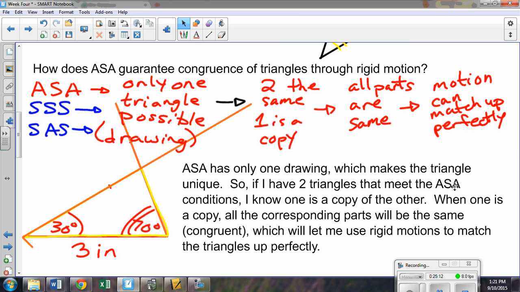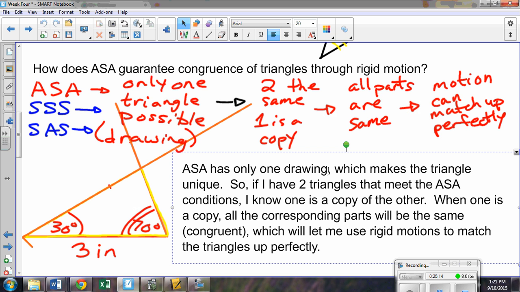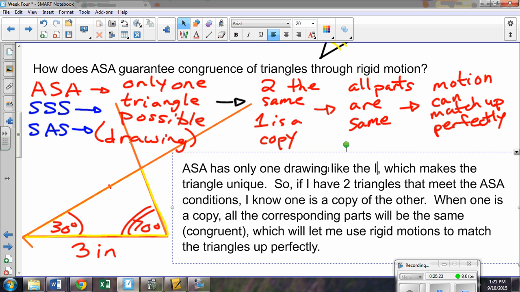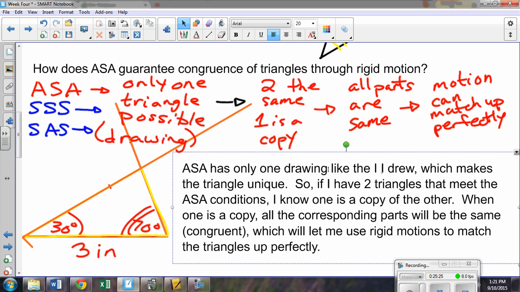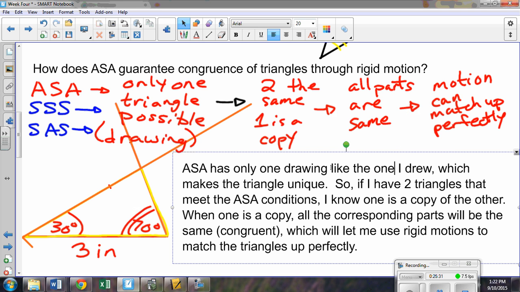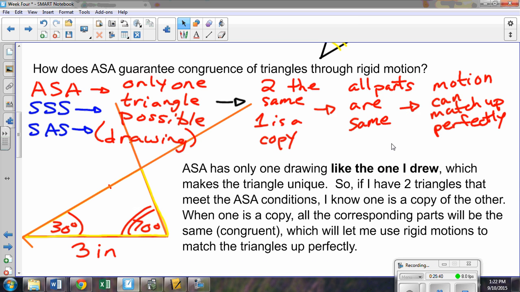And so we could put in a piece, like here, angle side angle has only one drawing. So we could put something like this in. If we're going to talk about it being only one drawing, you should have something there that shows us there's only one drawing.